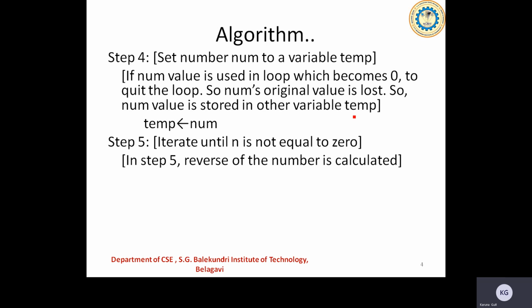Then how do I carry out that operation with the division operation? Every time, after taking the units place data, I have to be left with only the upper part of the data. The meaning of that is, if I have something like 1 2 3 4, after taking this data I must be left with only this data. To get only this much of data, this must be divided by 10.